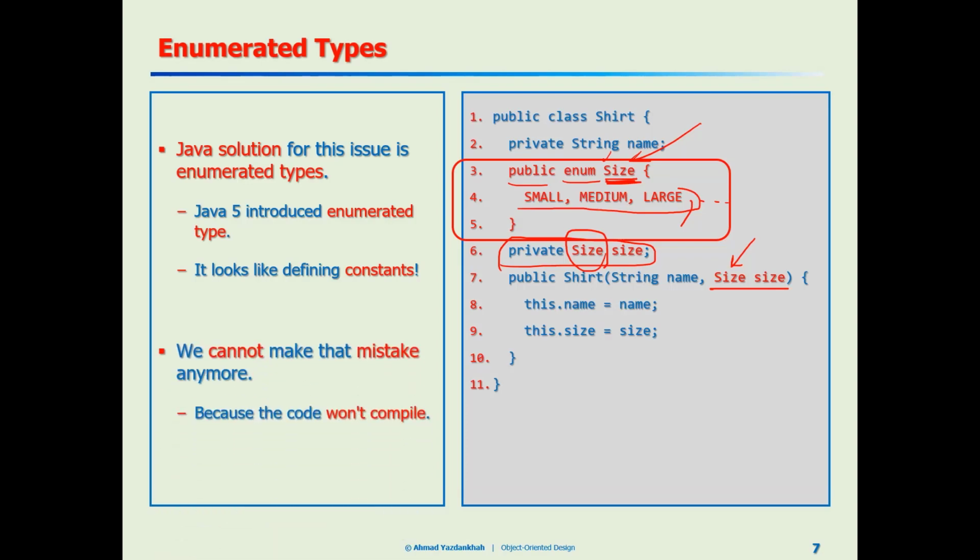So the good news here is that the mistake that I just explained in the previous slide could not happen. I mean, you cannot say, for example, size plus plus, or assign this size to an integer. You cannot do that. And the good news is that the compiler will prevent you.